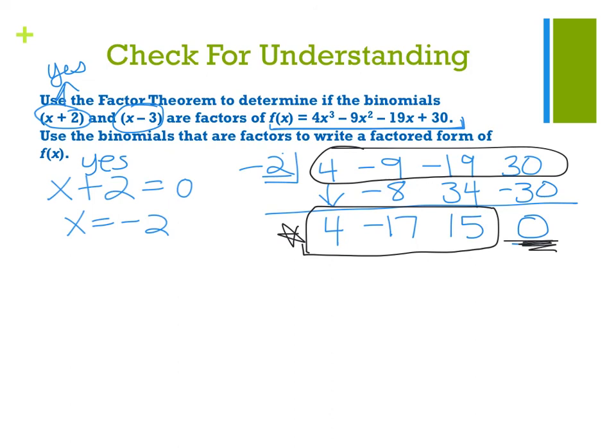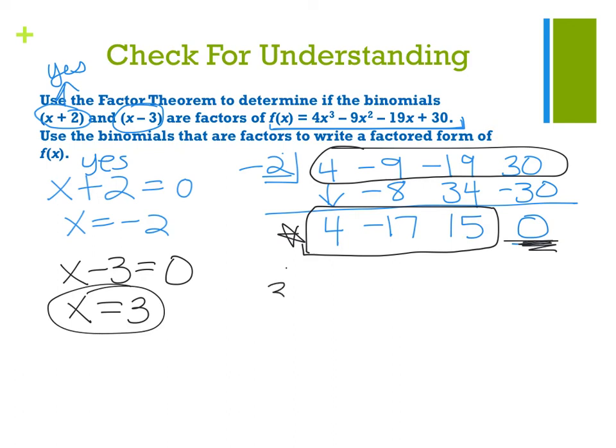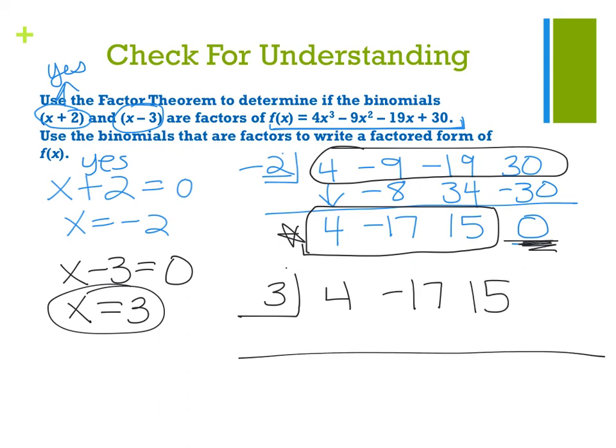So I'm going to carry out synthetic division to see if x minus 3 is a factor. x minus 3 produces a 0 at x equals 3. So I'm going to put 3 as my divisor, and this time my coefficients are 4, negative 17, and 15. Again, the only reason I'm able to use them is because our first remainder was equal to 0.